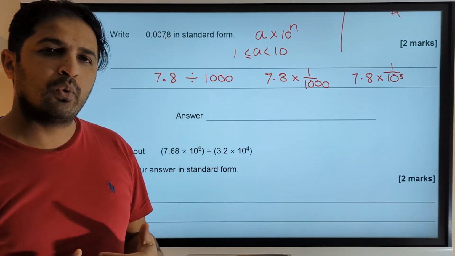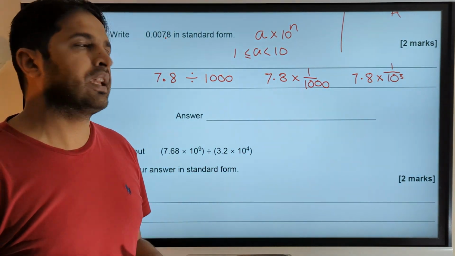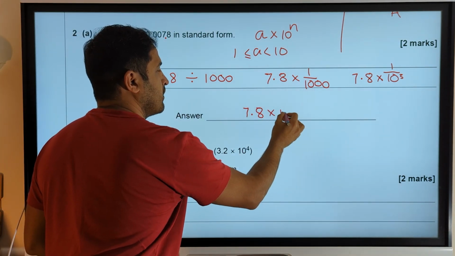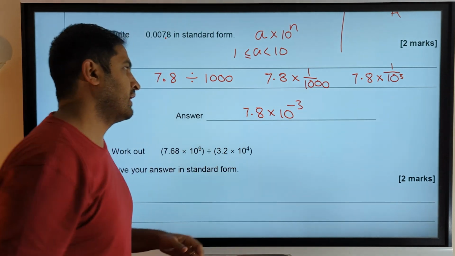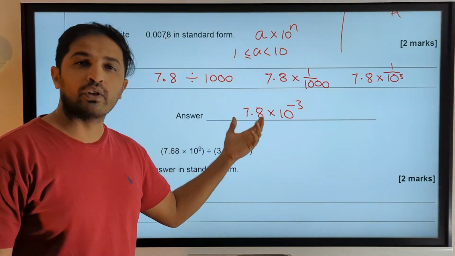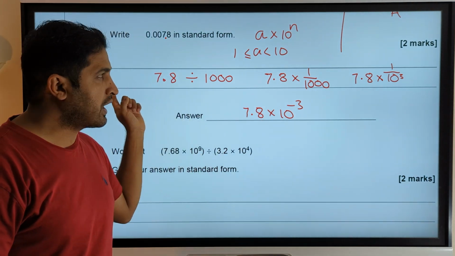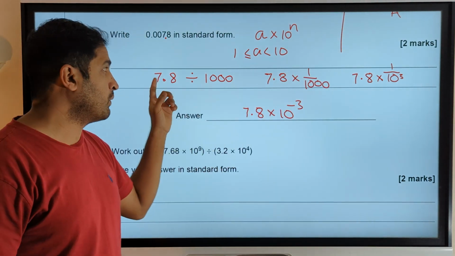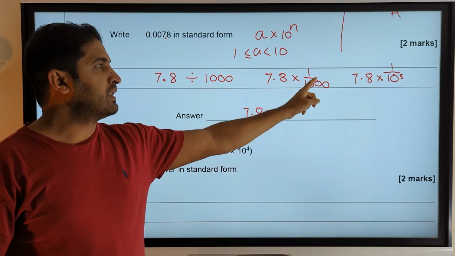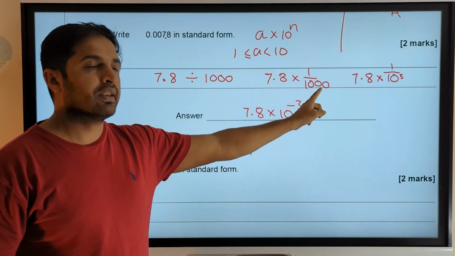Now 1 over 10 cubed is the same thing as 7.8 times 10 to the power minus 3. Now I could have just given you the answer straight away, and you can get that from the mark scheme, but try to remember it this way. You're going to be dividing by 1000 to get back to that number. It means 1 over 1000.